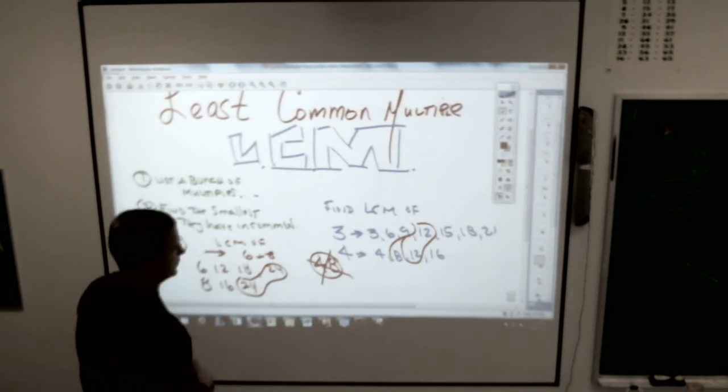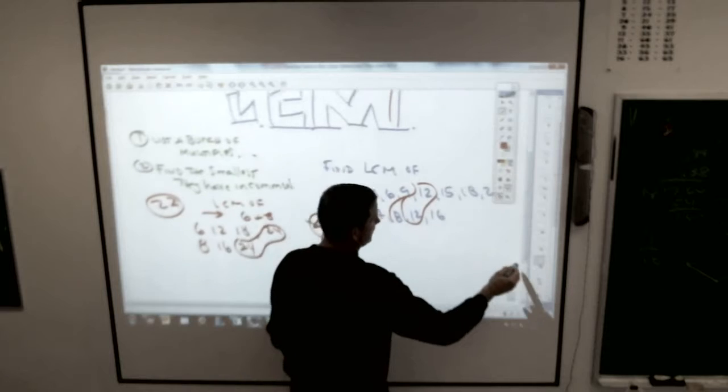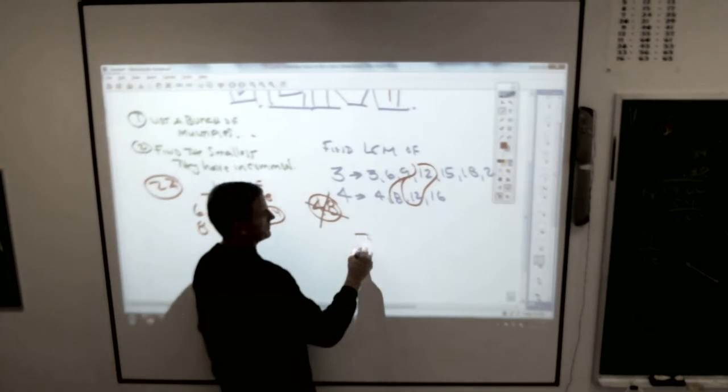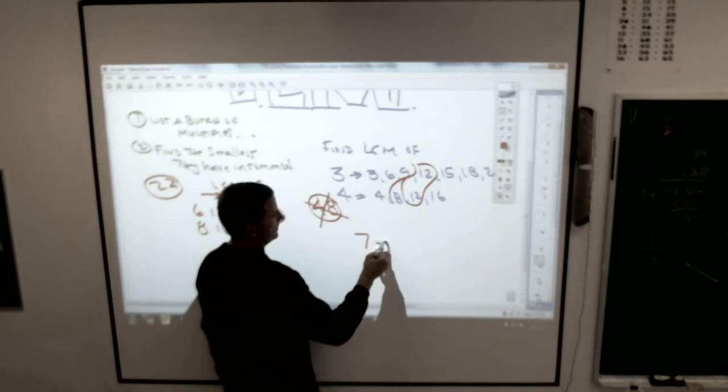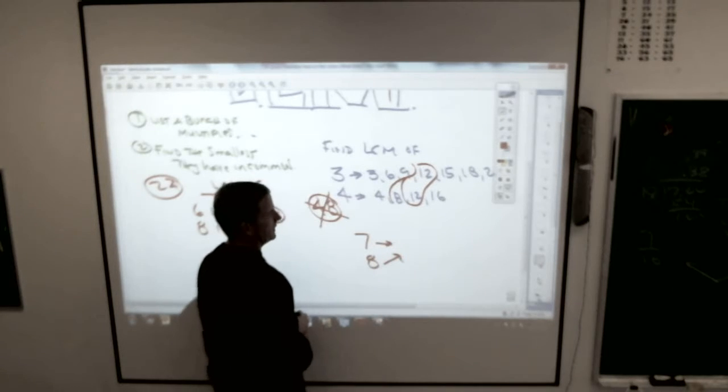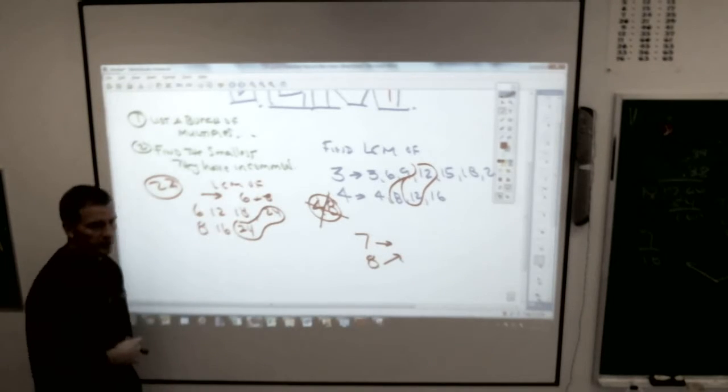Let's just do a couple more here. What's the least common multiple of 7 and 8? You should be getting to a point where that should be pretty simple.